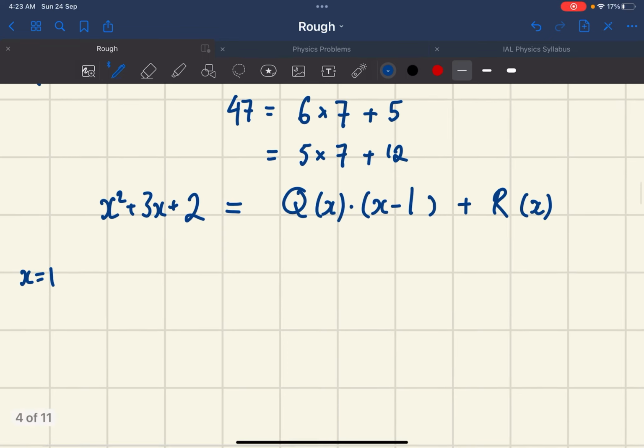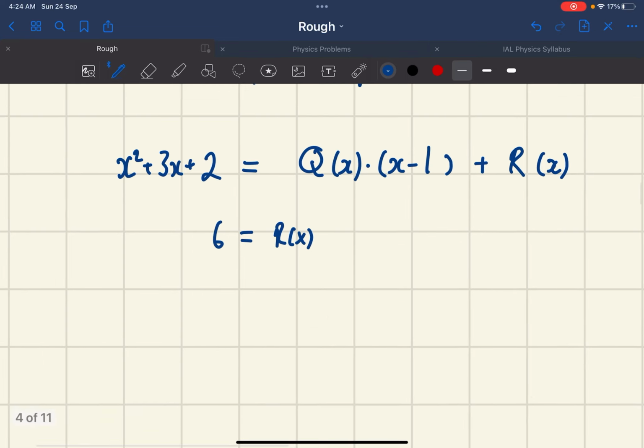Here we want r to have the smallest x power. So since we want r to have the smallest x power, 6 equals r(x). Let's just suppose r equals 6 for now. And then let's see if we can find the q.